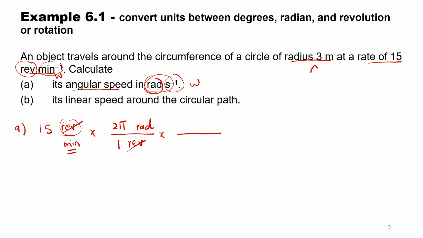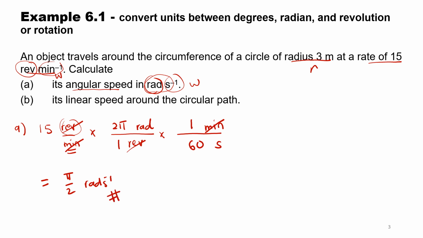We need to put the same unit at the top here so we can cancel. So 1 minute is equal to 60 seconds. So finally we will have 15 times 2 pi radian divided by 60 seconds. So the answer is pi over 2 radian per second.